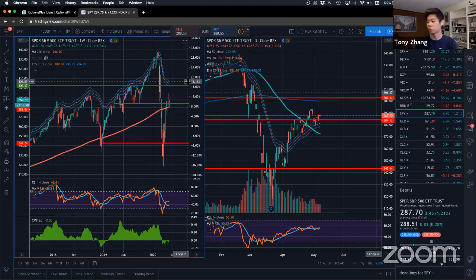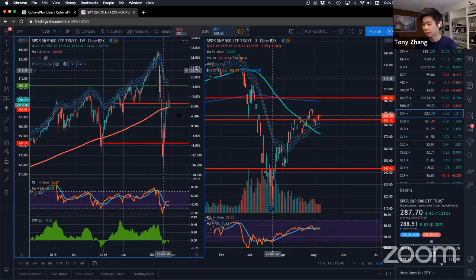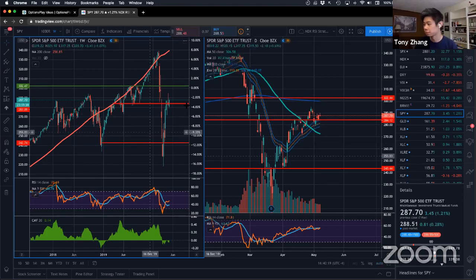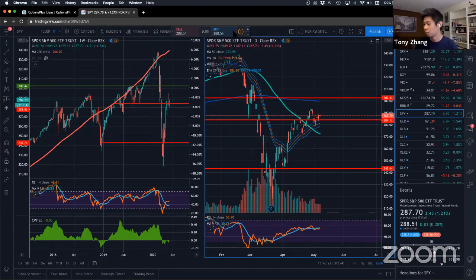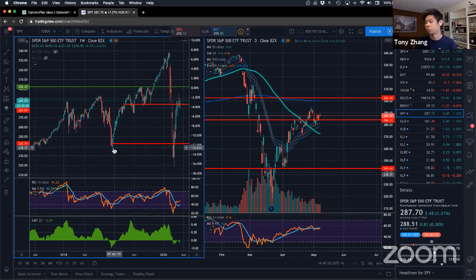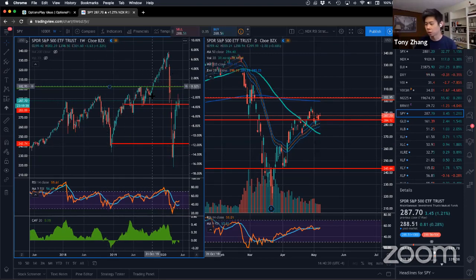I'm going to have to figure out what's wrong here, but this moving average does not look correct. I don't know what's going on here. All right.